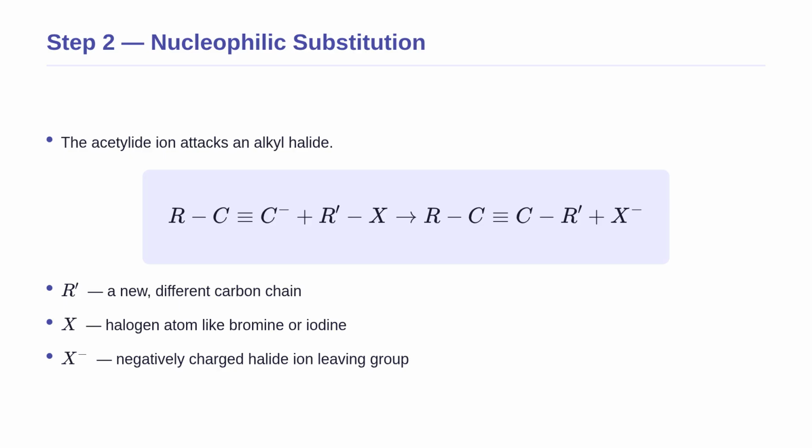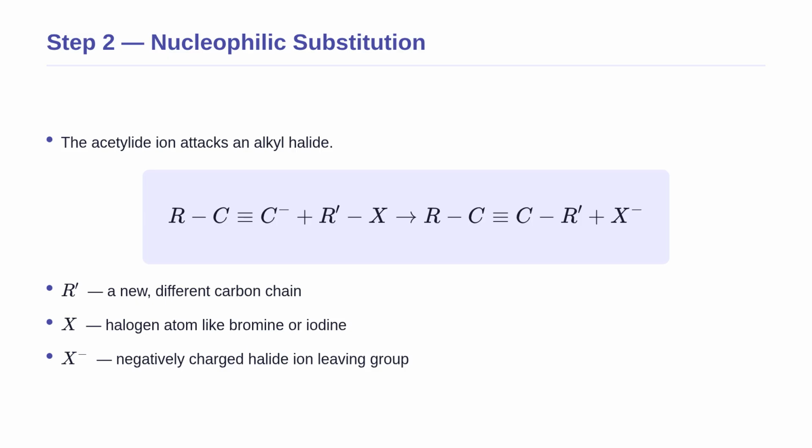Now that we have our reactive acetylide ion, let us look at the formula for the second step, where the actual chain extension happens. Conceptually, this is where we snap the new piece of track into place. Here, the symbol R' represents a new, different carbon chain, and X represents a halogen atom, like bromine or iodine.